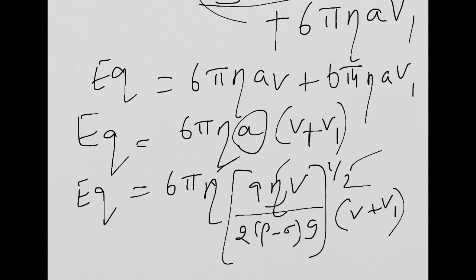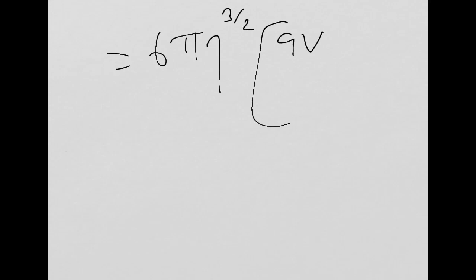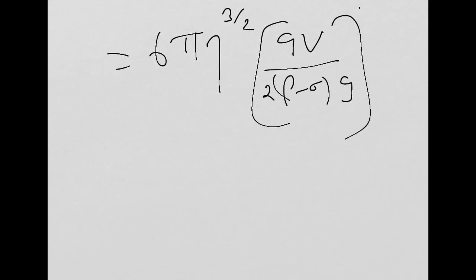So I can bring this alone outside and make it 6 pi eta power 3 by 2 into 9 v by 2 times rho minus sigma into g, power half, into v plus v1. This is EQ.